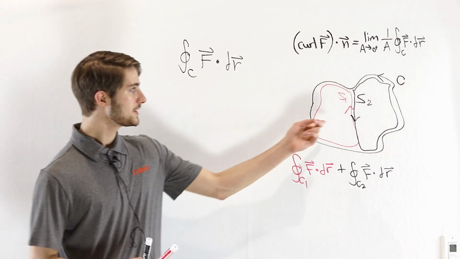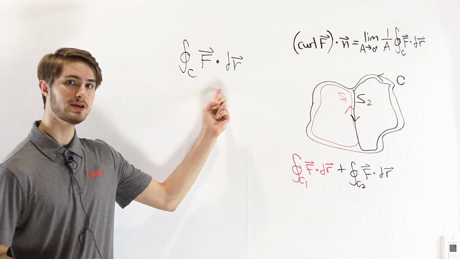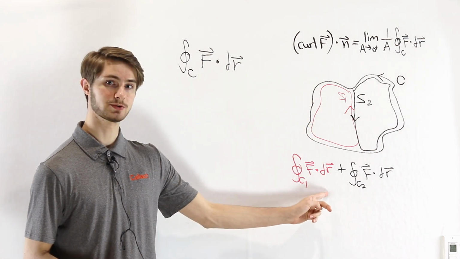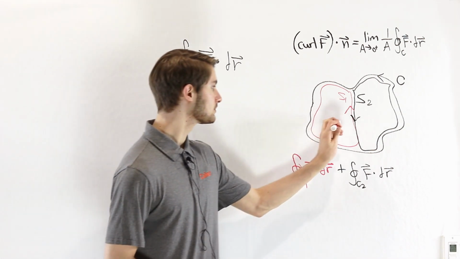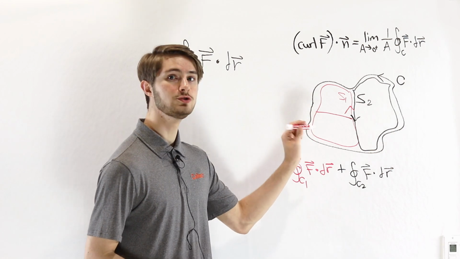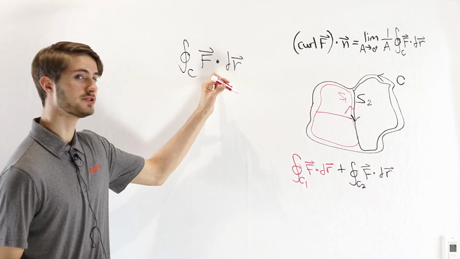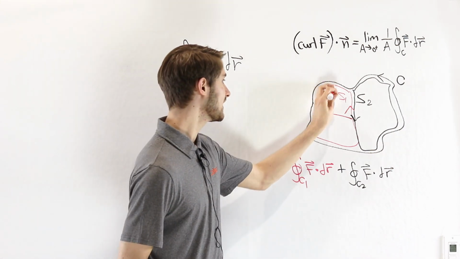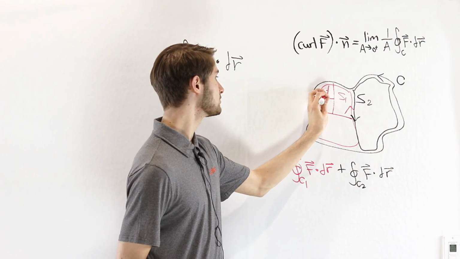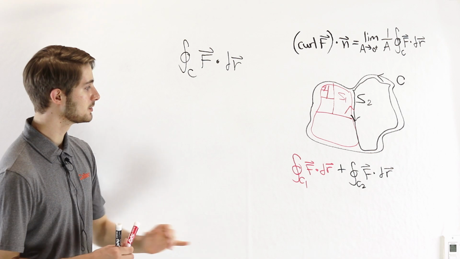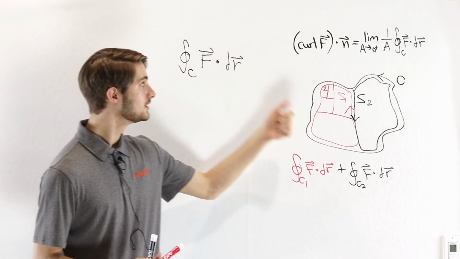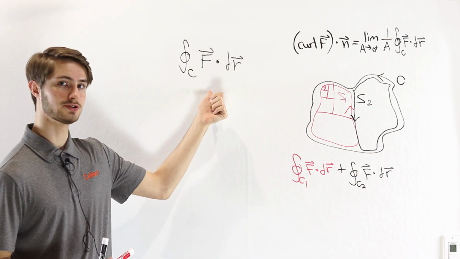Now, because splitting up the surface gave us the same answer when we added these two line integrals together, we can repeat this process again. We could split surface 1 into two more separate surfaces, and we'd still get the same answer. In fact, we could split it an arbitrary amount of times, getting arbitrarily small surfaces, but when we add them all together at the end, it's still going to be the same line integral.